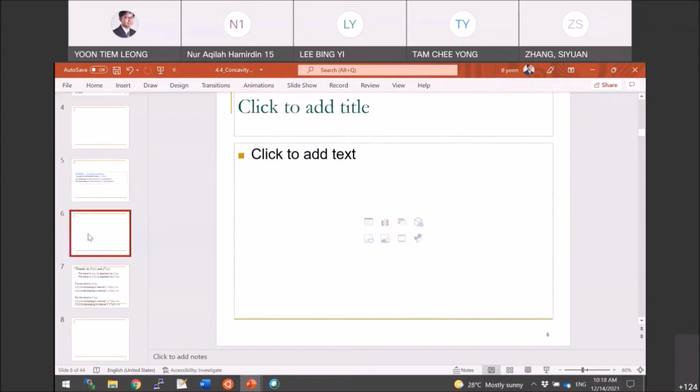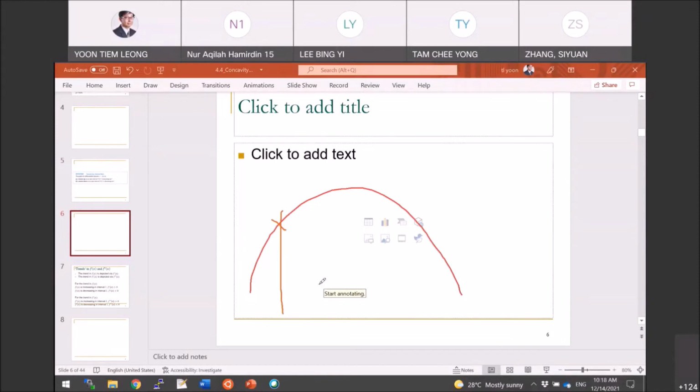Similarly, if you look at a function that has a downwards concavity, like this, for example, you monitor the slope. Let me draw with another color.